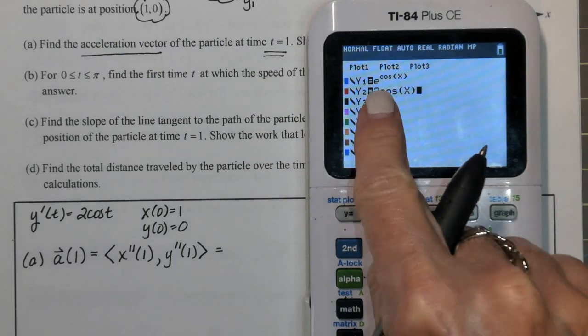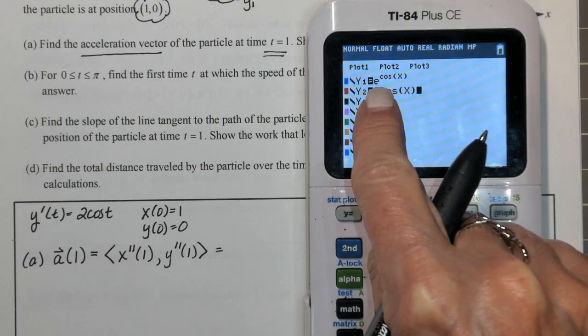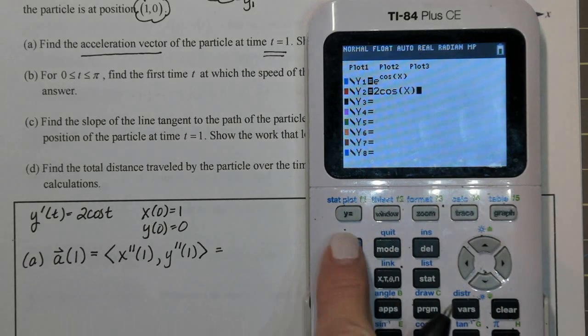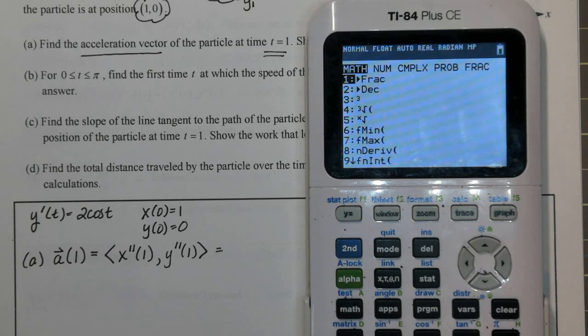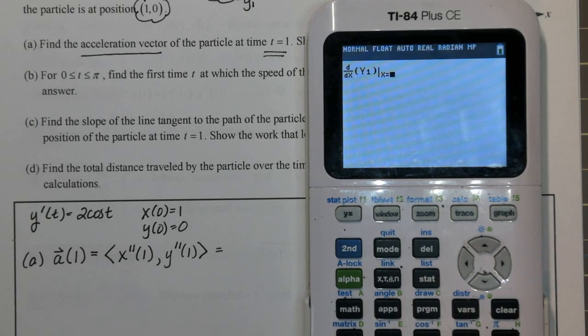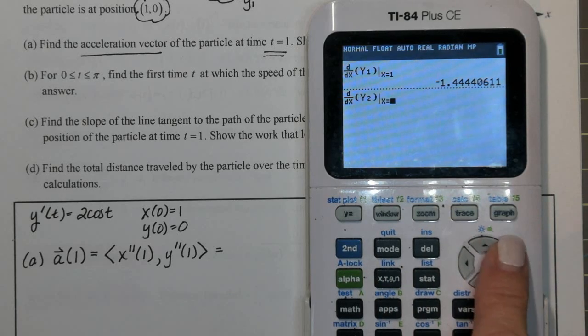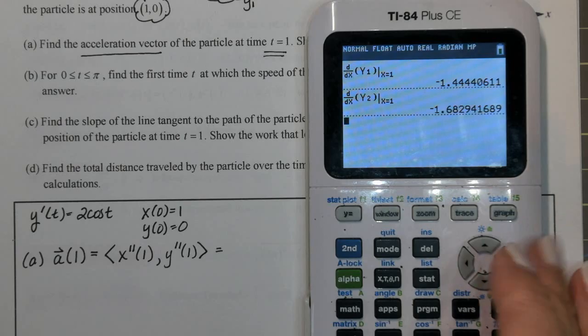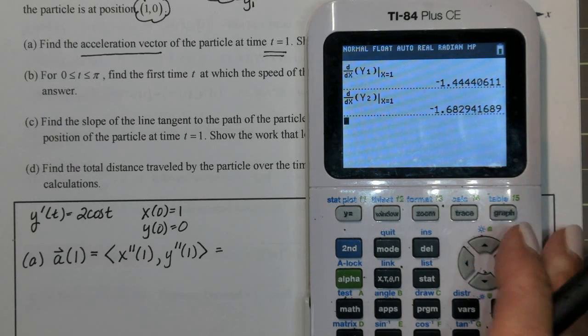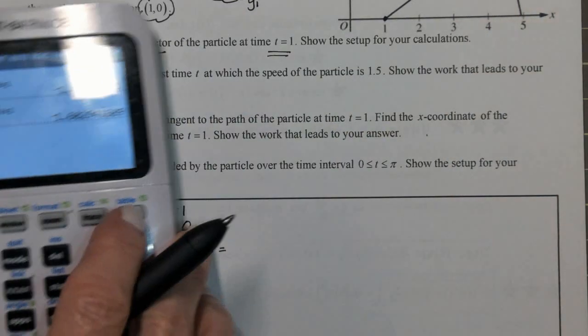So I need the derivative of x prime at 1 and the derivative of y prime at 1. Math 8, the derivative with respect to x of y1 at time 1, and then the same thing for y2. So this is the x coordinate of the acceleration vector and the y coordinate of the acceleration vector.